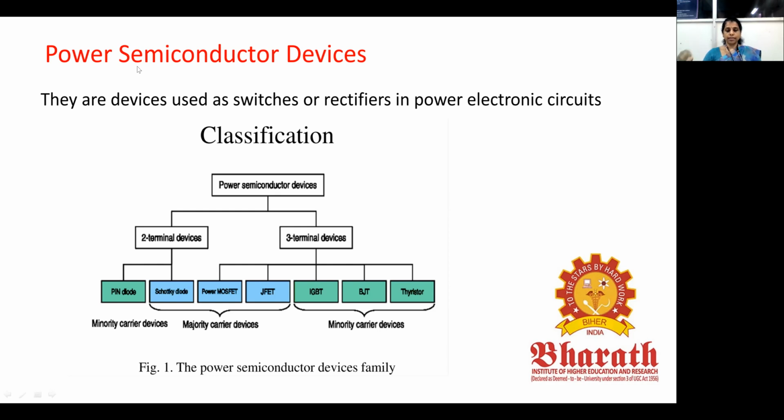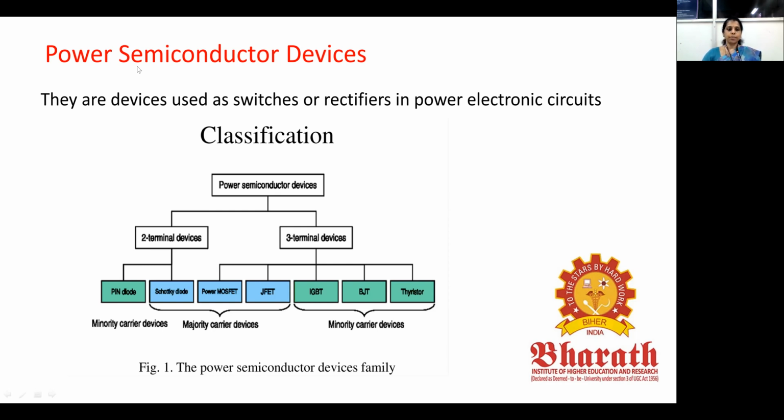So the advantages of both will be combined in this power electronics subject. Dealing with high voltage applications using small rated, miniature devices, that is the feature of power electronics.